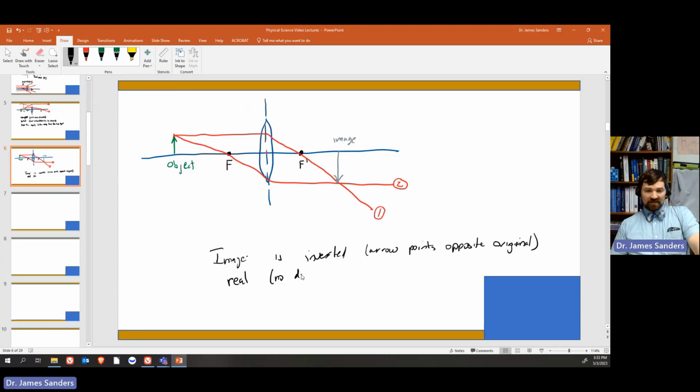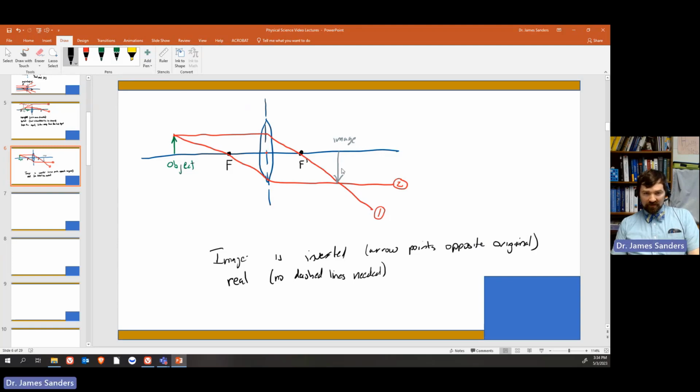No dashed lines needed. For what it's worth, in the lab when you're doing this, if you get a real image of the candle, it means that you'll see the candle show up on the piece of paper or card or whatever you're using to project onto. With a virtual image, you won't see it.